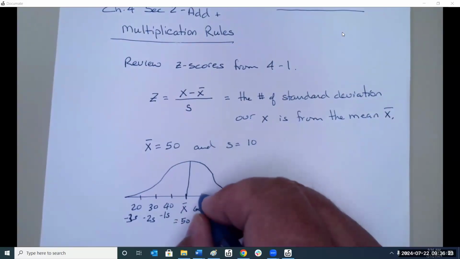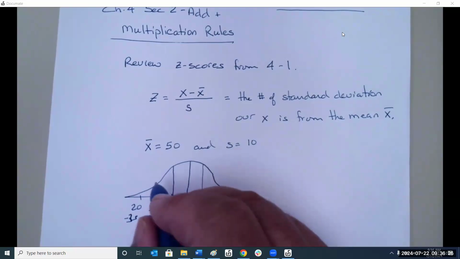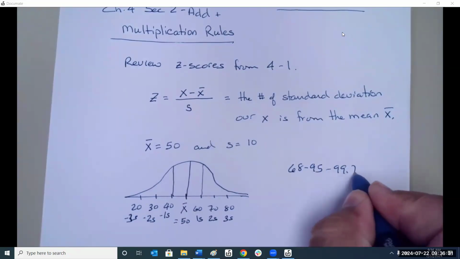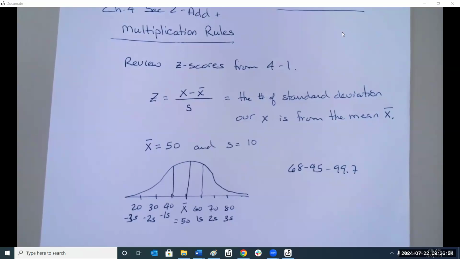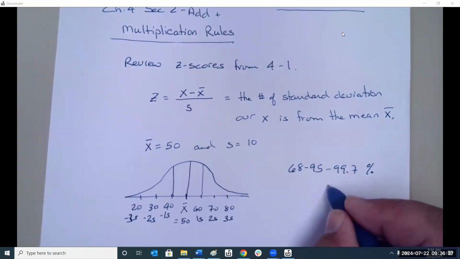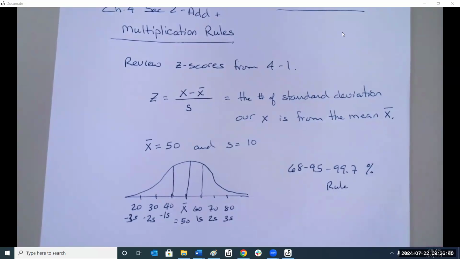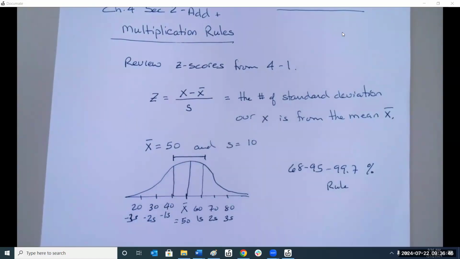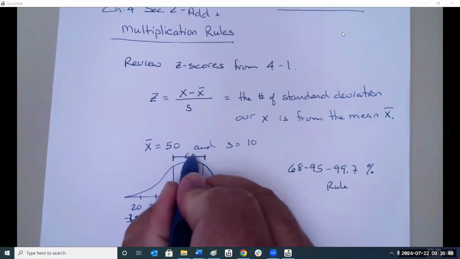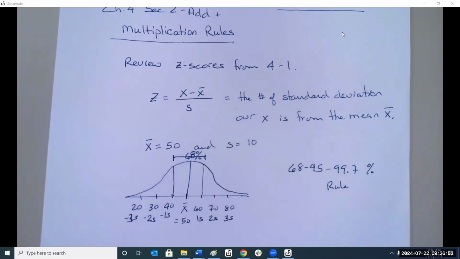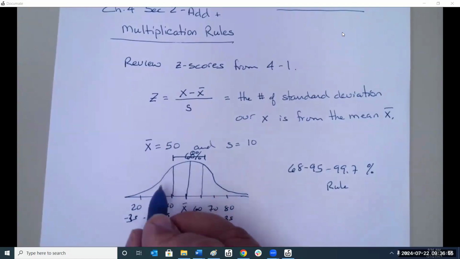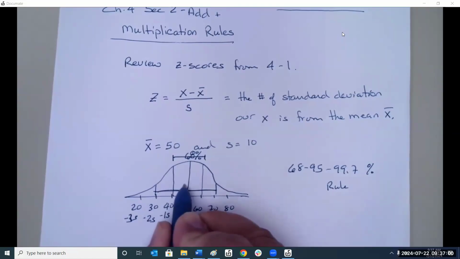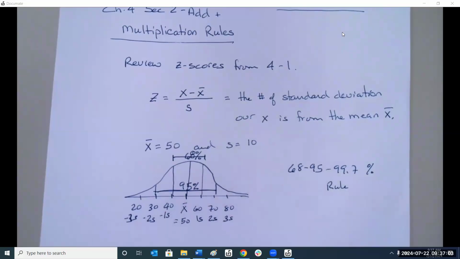Because it was normally distributed, remember we have the 68, 95, and 99.7% rule. Within one standard deviation from the mean, both sides, we have 68% of our data. Within two standard deviations, we have 95% of our data.